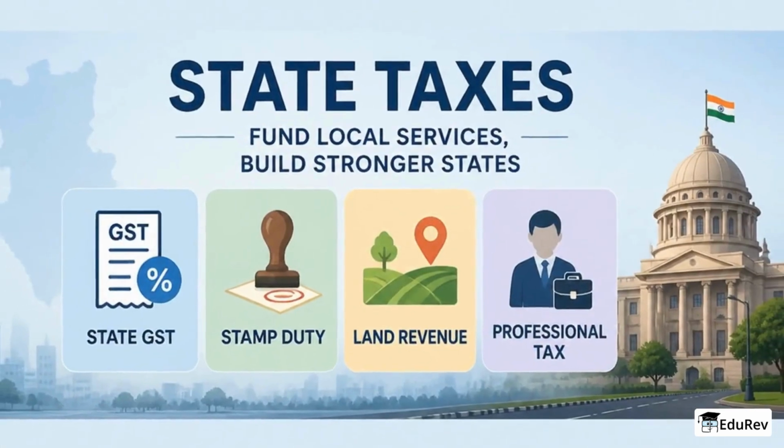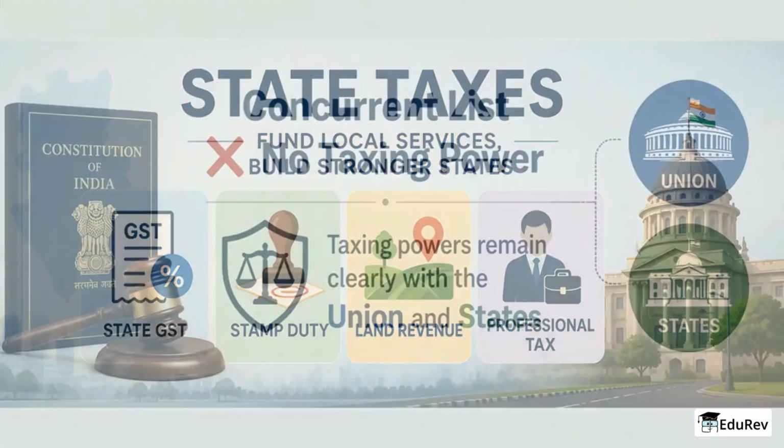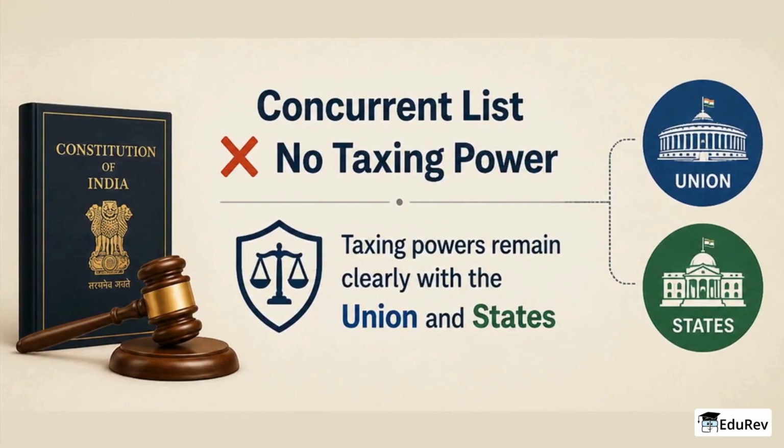State taxes include state GST, stamp duty, land revenue, and professional tax, helping states raise funds for local services and administration effectively. There is no taxing power in the concurrent list, which keeps taxing responsibilities clearly divided between the Union and the states today.